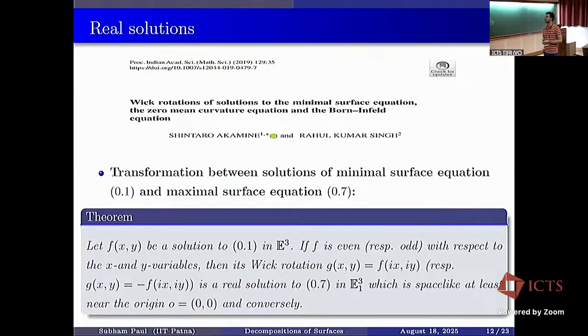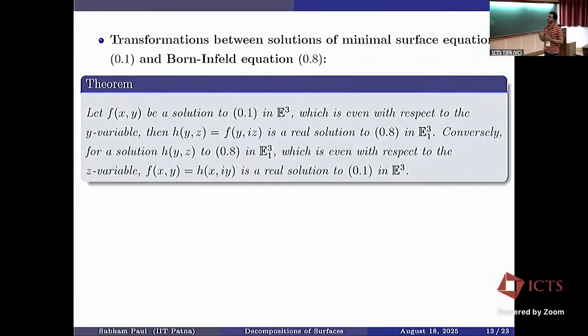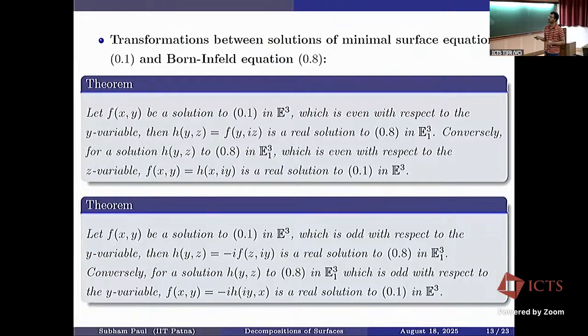For example, from this theorem, one can see that if we start with f(x,y), which is even or respectively odd with respect to both the variables x and y, then after performing the Wick rotation, the solution will obviously solve the maximal surface equation, and it will also be a real solution to the maximal surface equation. And similarly, from this theorem we can see that if it is even with respect to the y variable, then after performing the Wick rotation, it also retains the real solutions. From these two theorems, it is clear.